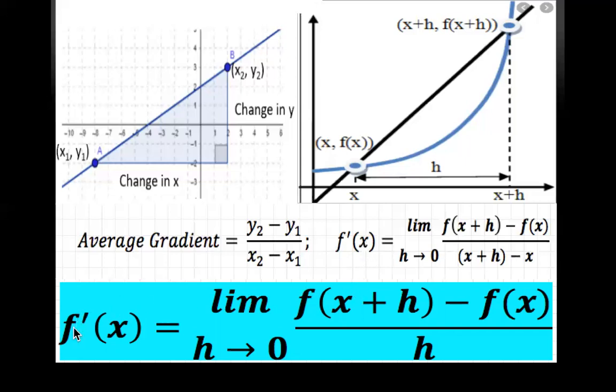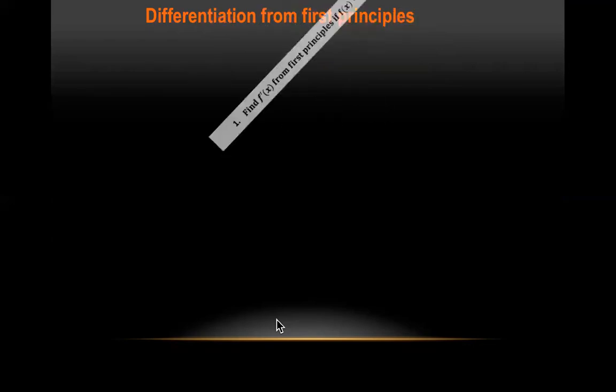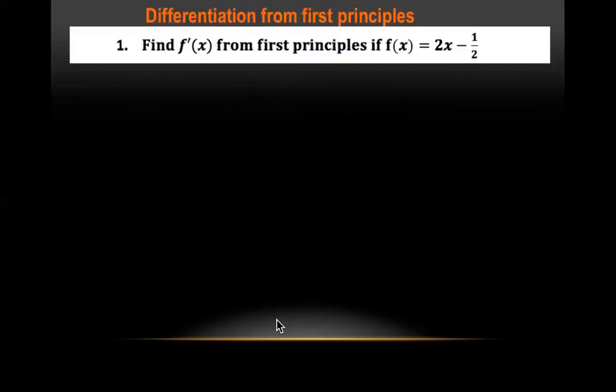That is why whenever we are dealing with derivative from first principles, we say f prime of x is equal to the limit of f of x plus h minus f of x all over h as h approaches 0 or h tends to 0. So this is what we talk about. Whenever we are working with derivative from first principles, do not forget the formula, because you are going to get 1 mark for the formula.